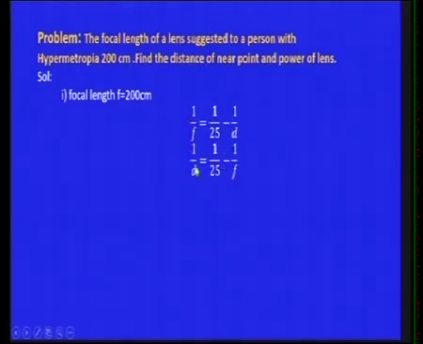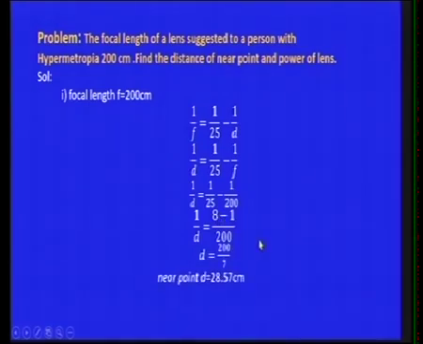Now 1 by D equal to 1 by 25 minus 1 by 200, as the focal length is given as 200. Taking LCM as 200, you will get 8 minus 1 by 200. Now D is equal to 200 by 7. Now the near point D is equal to 28.57 centimeters.